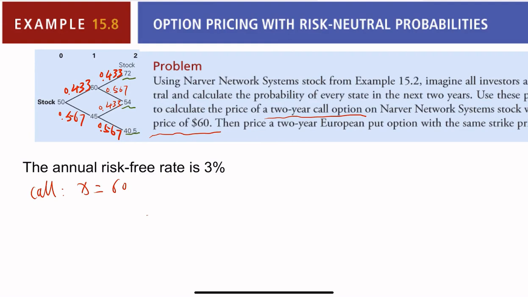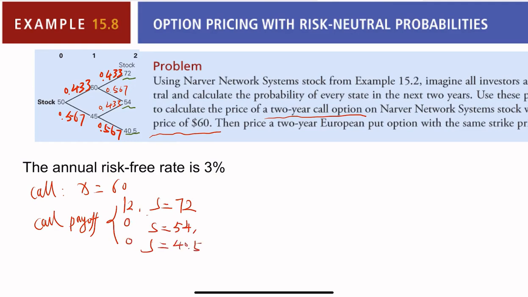It is 12, right? So your call's payoff is 12 if the stock price is 72. And if the stock price is 54 or 40.5, the payoff from your call would be just 0, right?